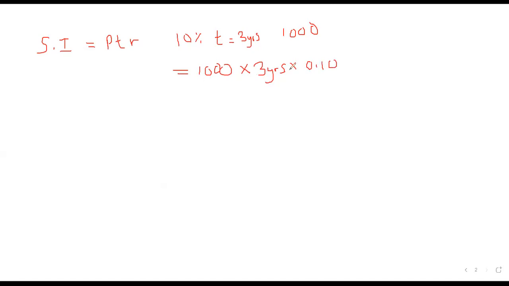When you multiply, you're going to get 300, in fact. So meaning this is our simple interest.